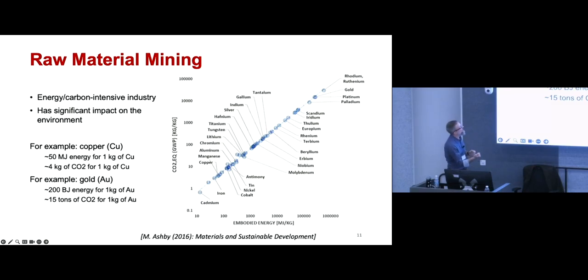For example, for copper, to extract 1 kilogram of copper, we are emitting about 4 kilograms of CO2 in the atmosphere. It's not a great trade-off, but it's not as bad as for gold, for example. To extract 1 kilogram of gold, we are emitting about 15 tons of CO2. That's something we don't really realize, but it's clearly a very carbon-intensive industry.